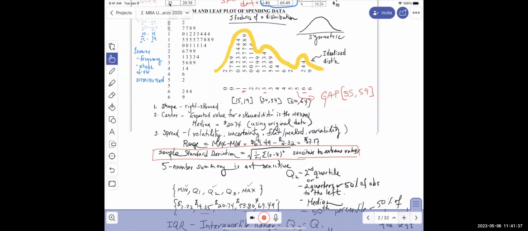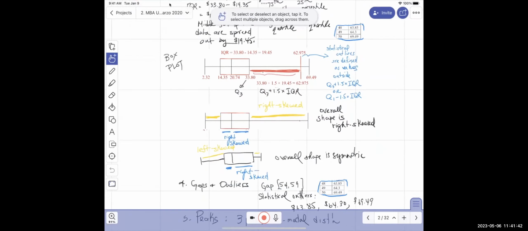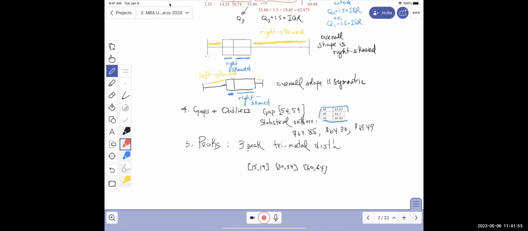Copy. And the gap was 55 to 59. And that's it. Okay, so we have all the data there.